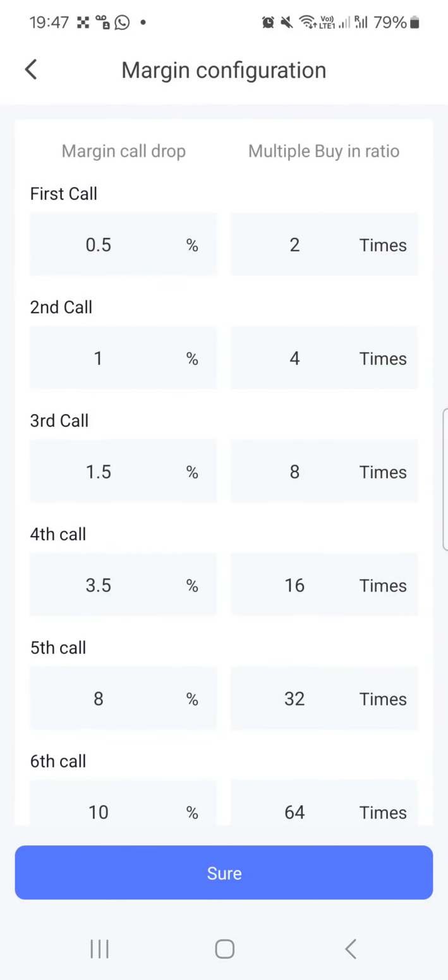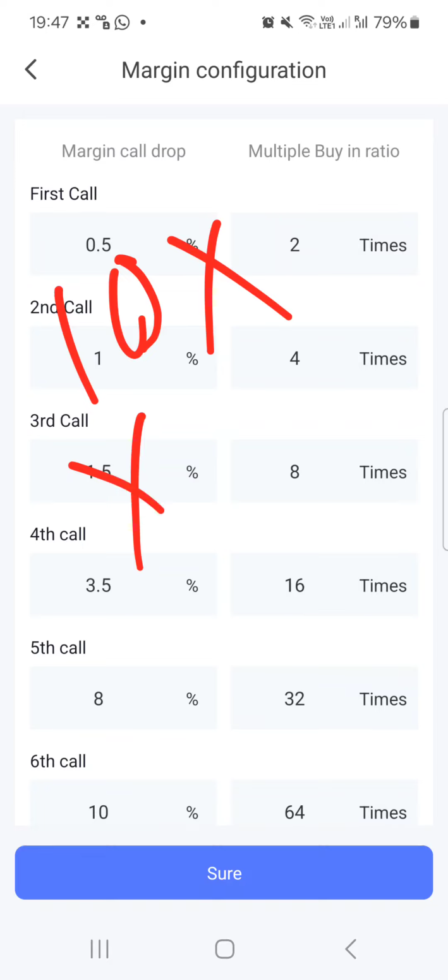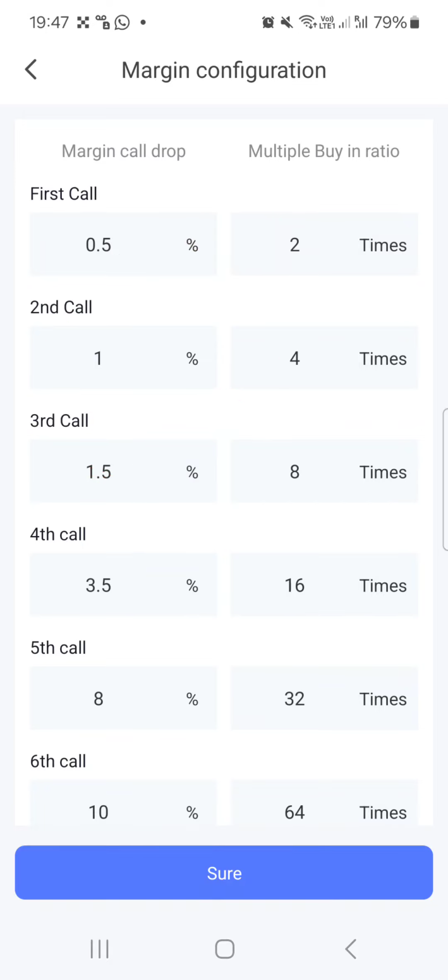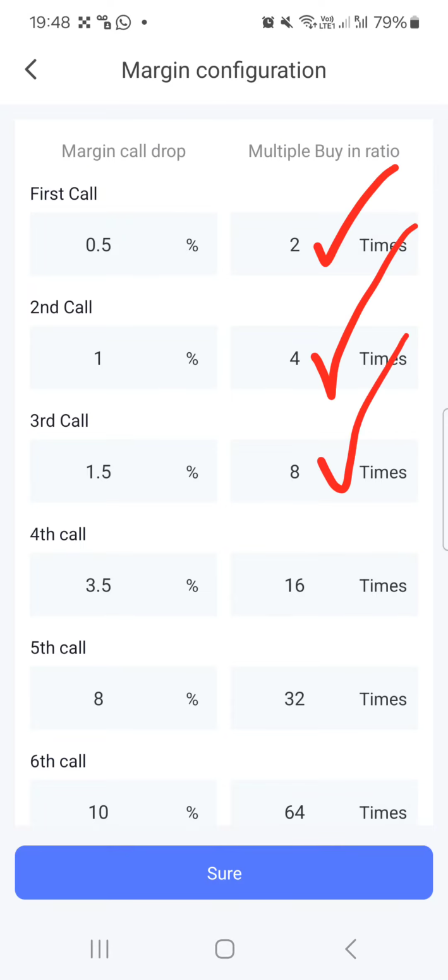If you've decided your first buy amount is $10, it is going to multiply 10 times 2, 10 times 4, 10 times 8, 10 times 16, 10 times 32.